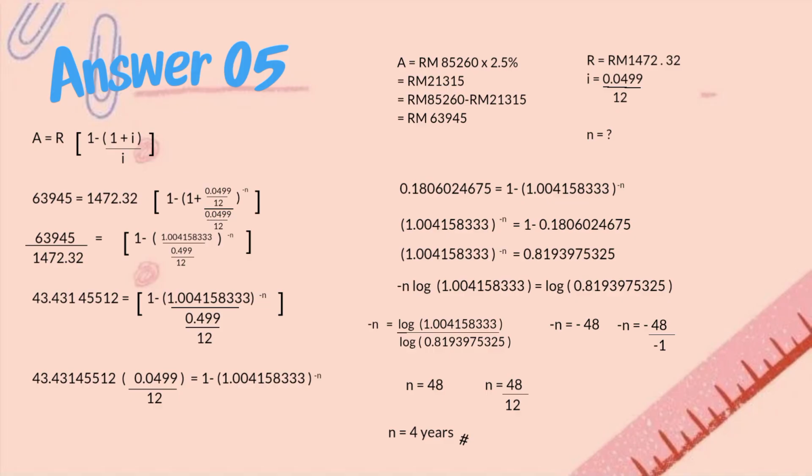So log 1.00415 to the power of negative N equals log 0.81939. Why do we get 0.81939?